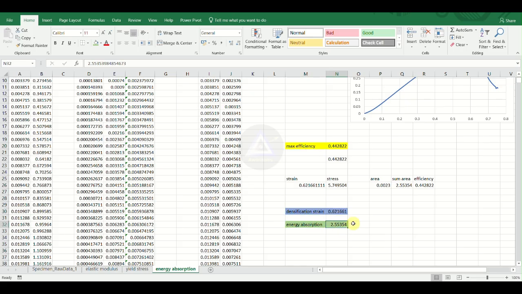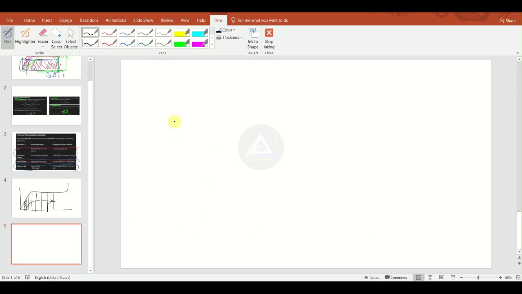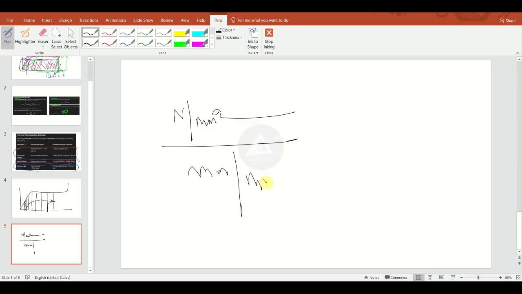This is our energy absorption, and you can consider the units as stress units, Newton per mm square. I can show you, just wait. Like we have Newton per mm square, similarly strain is mm per mm. So here you can say Newton mm, this mm goes up, and we have mm cube.